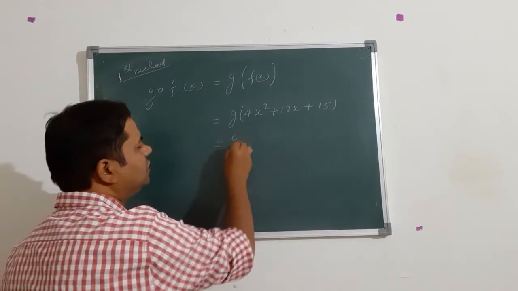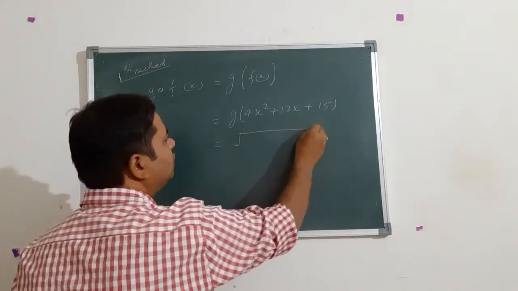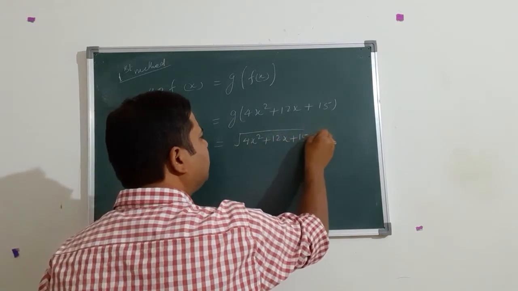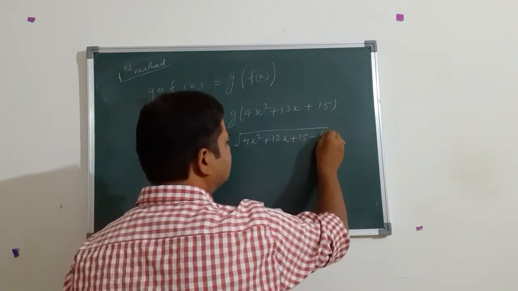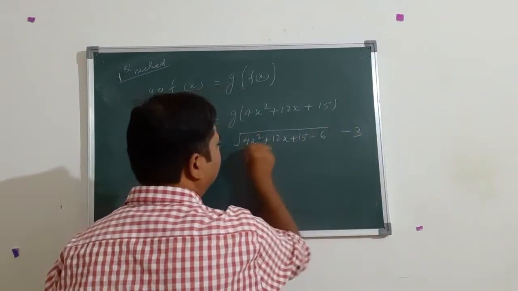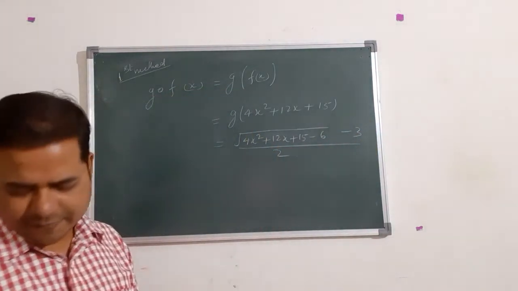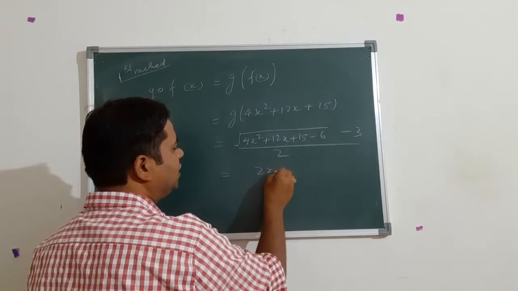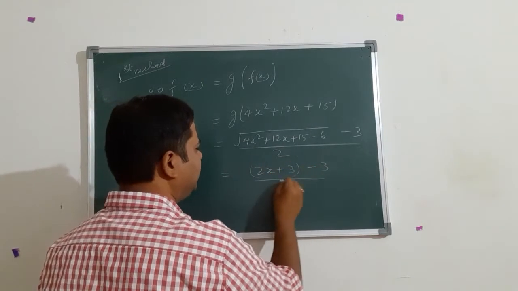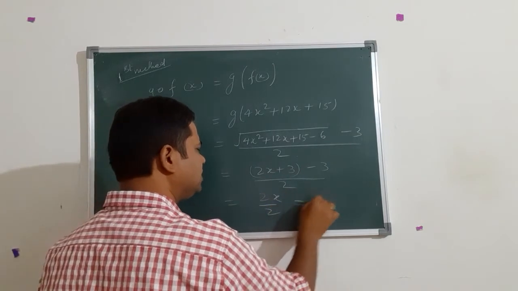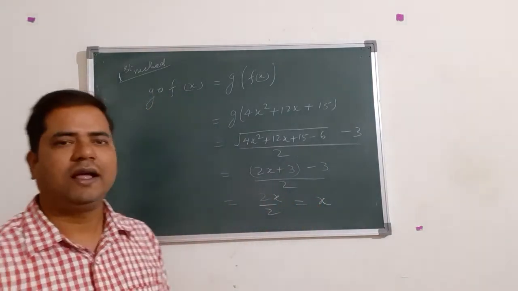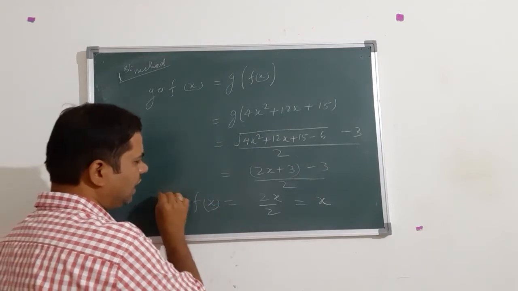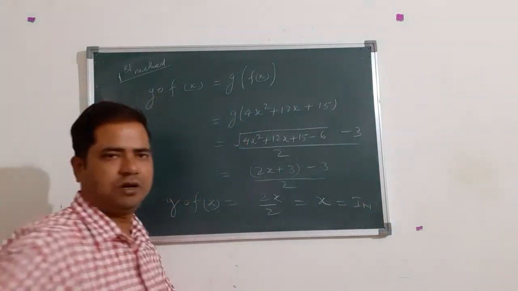So g(f(x)) means g(4x² + 12x + 15), and at the place of y we put 4x² + 12x + 15: (√(4x² + 12x + 15 − 6) − 3)/2. Now 15 − 6 is 9, so this is (2x + 3 − 3)/2, which is 2x/2. So f∘g(x) is nothing but x, that means the identity on natural numbers.